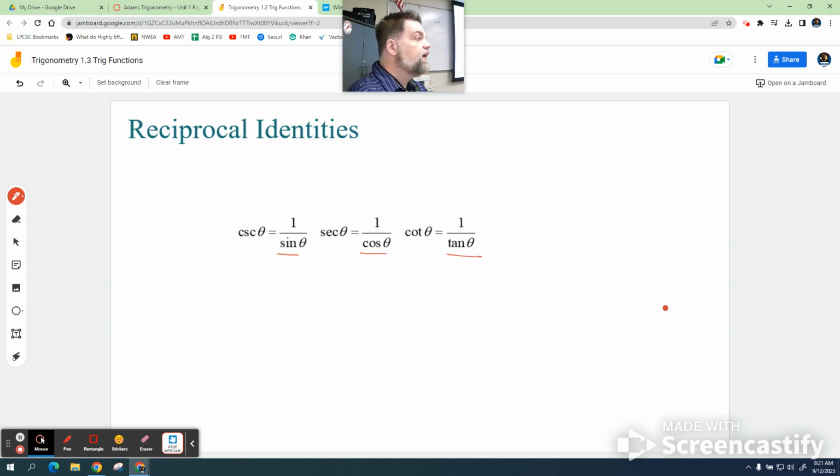Now, in trigonometry, we use identities. Identities are just saying this one thing equals another thing. In other words, the identity is that cosecant of theta is equal to 1 over sine of theta. Okay. Can I move on to the next slide?